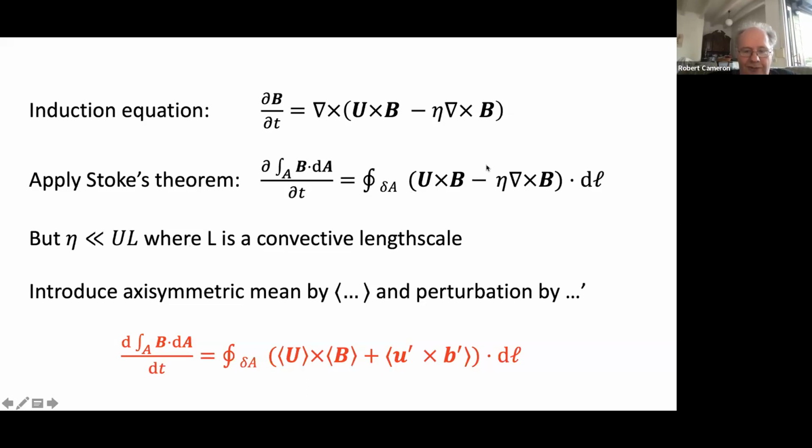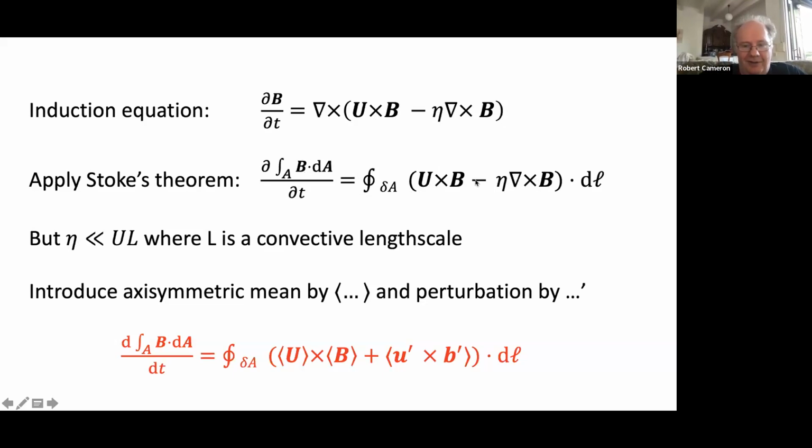When I evaluate this surface integral, it will turn out that the diffusive term, the eta curl B, is very, very small. You can keep it if you like in the analysis, but it is more convenient to drop it at the outset. This is completely different from dropping it in the interior. In the induction equation in the interior, you have to keep the eta.